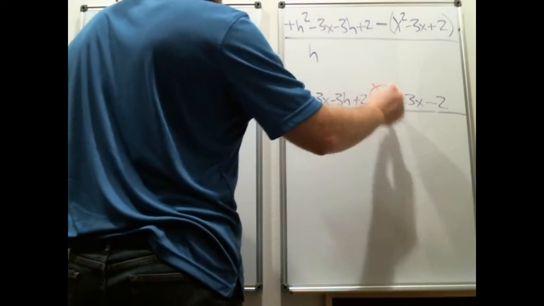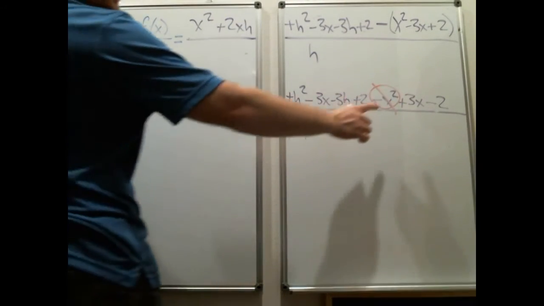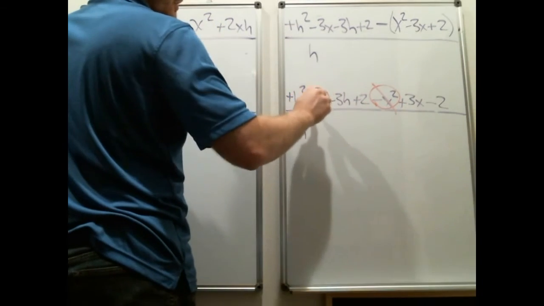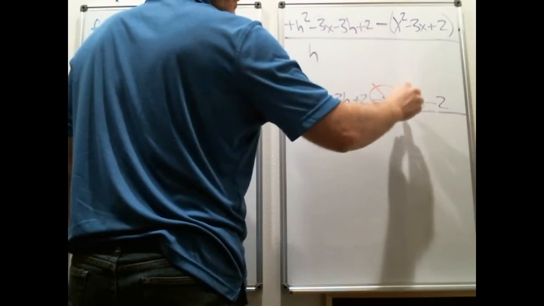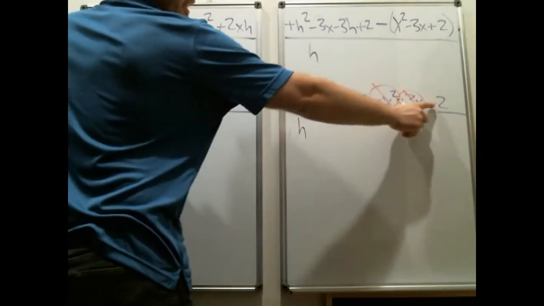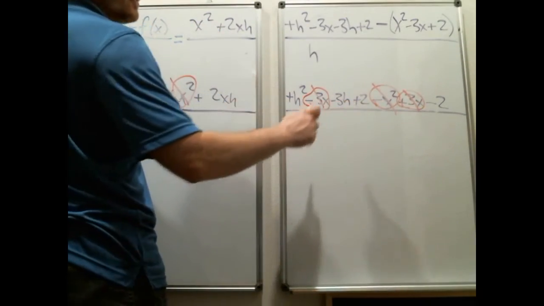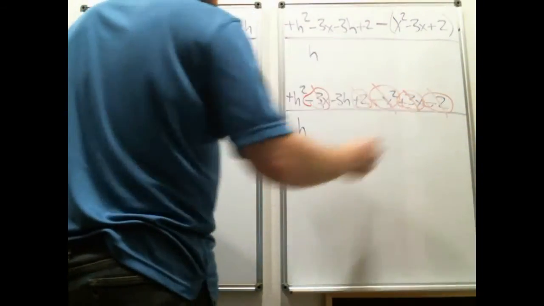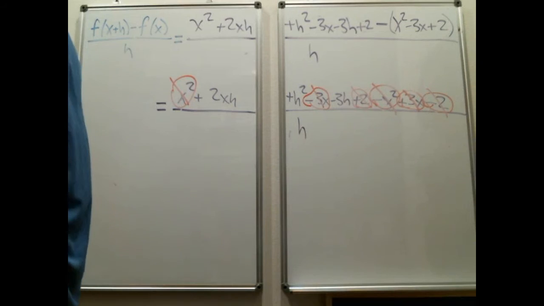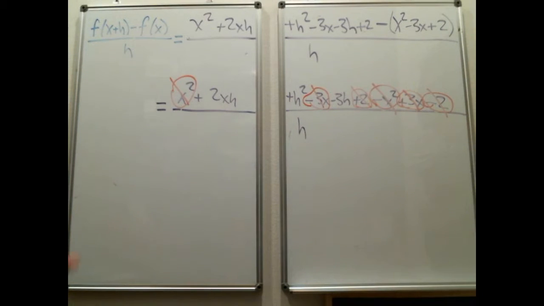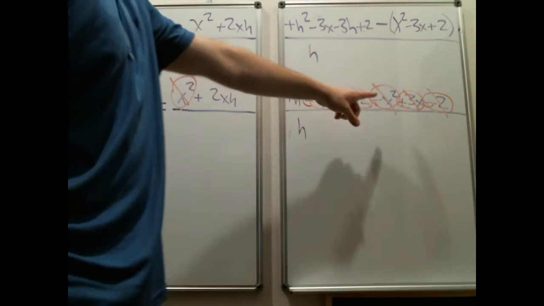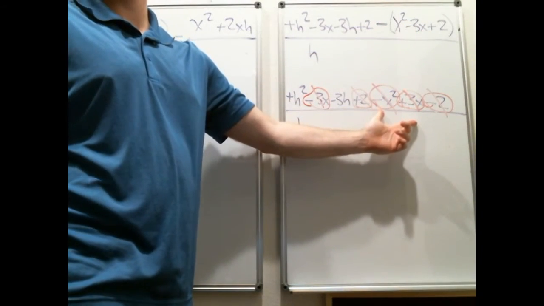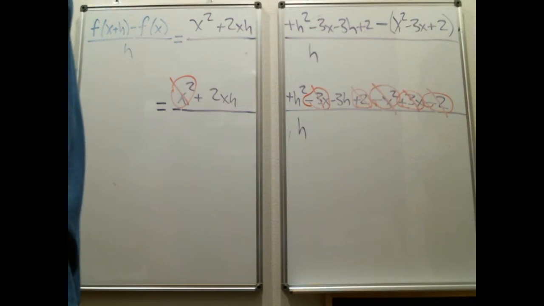That becomes just 0. Here you have a positive 3x and a negative 3x. So those cancel. Here you have a negative 2, and here's a positive 2. So the way you check yourself at this step to see if you're doing it right so far is that the whole f of x, these last terms that were f of x, should all cancel out at this step.